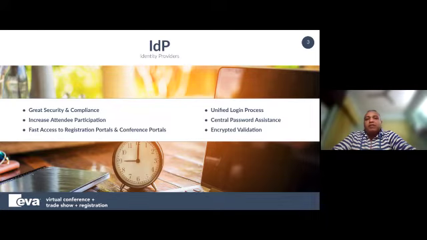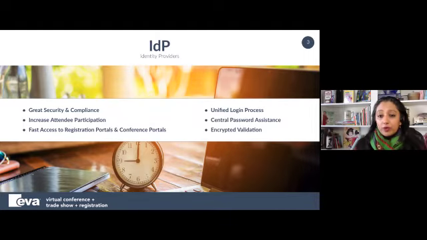So Amazon is the service provider, and Facebook or the Google Mail that you are using, that is the identity provider. So for a lot of meeting planners that work for associations or nonprofits, they may be using an association management system or a CRM. So in this case, their registration system would be the service provider that you're talking about, and then their AMS or CRM would be their identity provider.